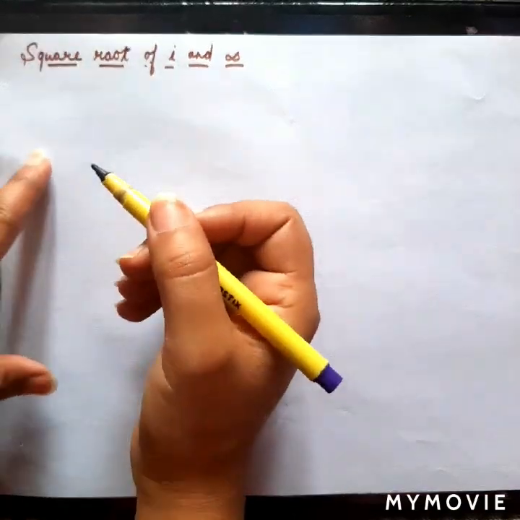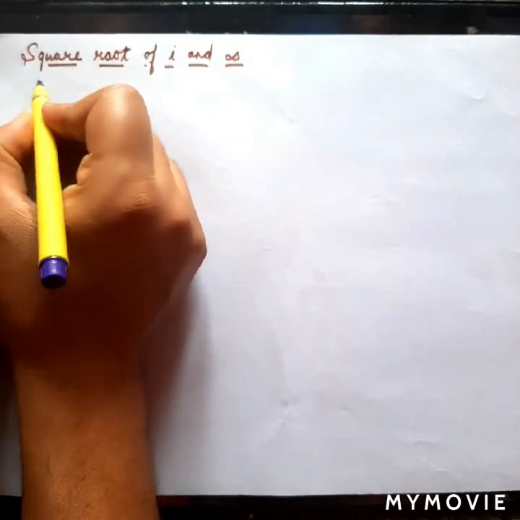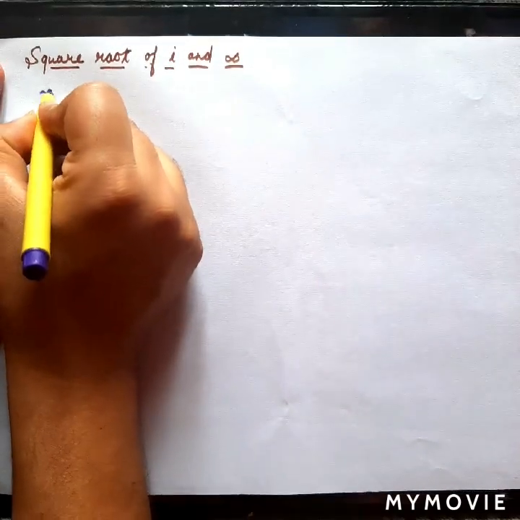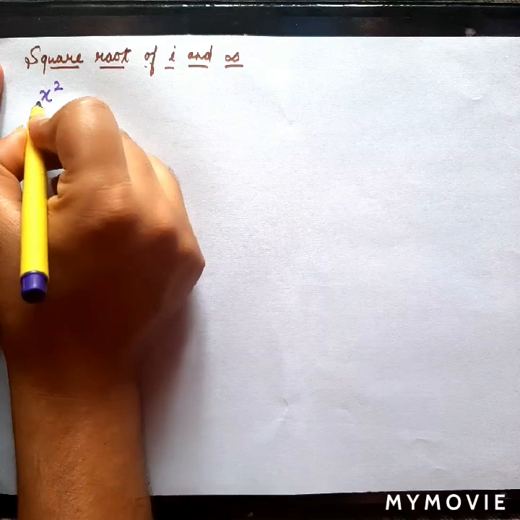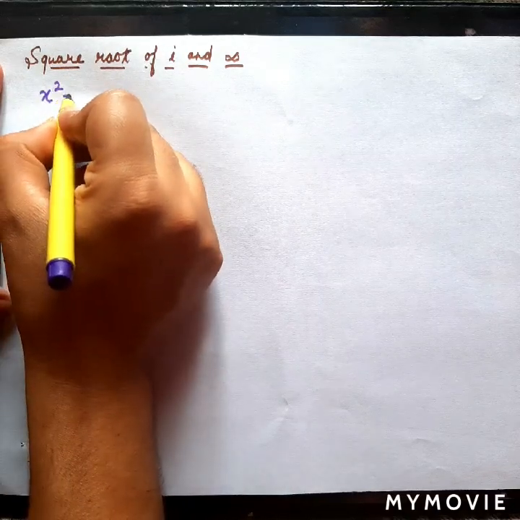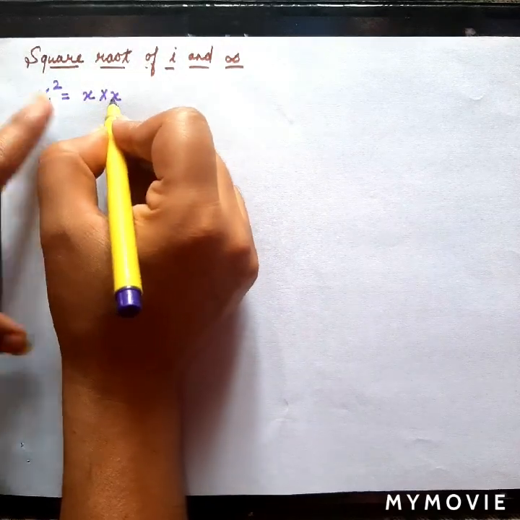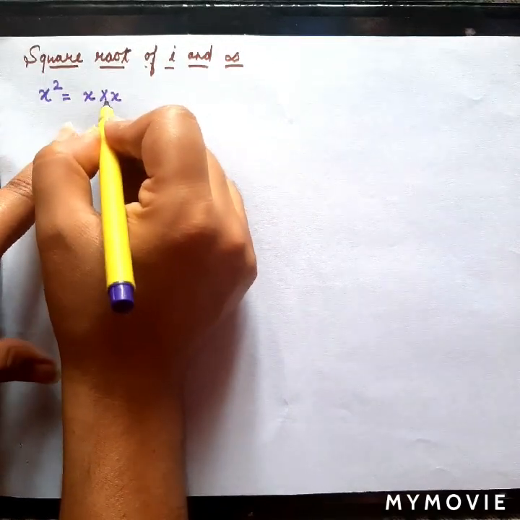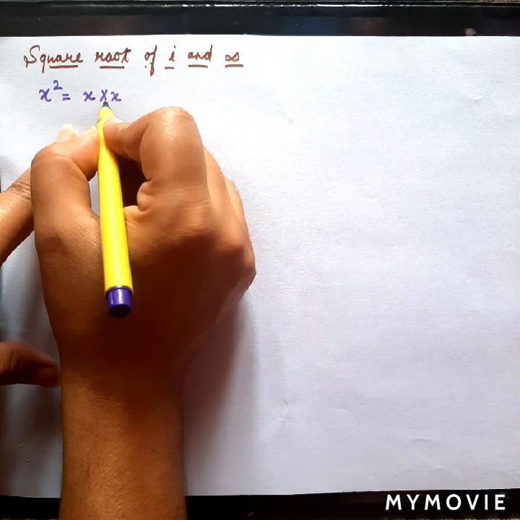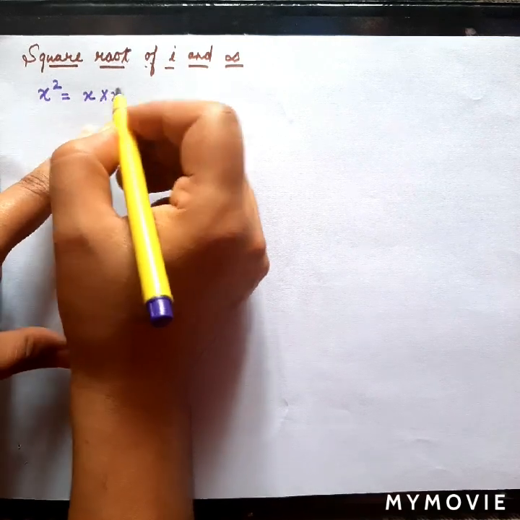If I talk about square of a number, then actually square of a number is represented by square of that number, fine. And here we are multiplying x with x. A number is multiplied to itself, then it is called as a square of that number, fine.